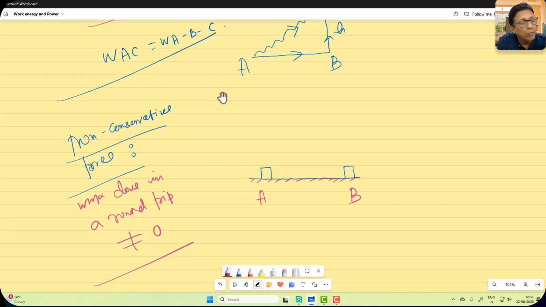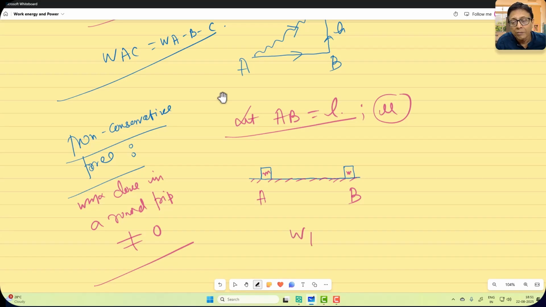Can you tell me how much work will be done? Let the distance between the 2 points AB equal L and mu is the coefficient of friction. The object has mass M. It is taken from A to B. You all know it. The work done against the friction will be what?